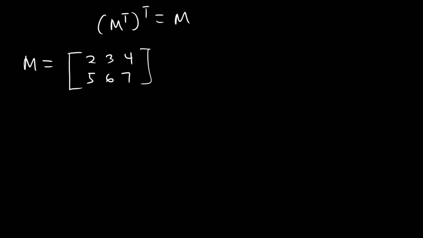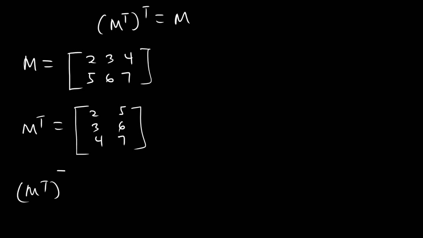Okay, so let's take the transpose of this matrix here. So the transpose of this matrix will be 2, 3, 4, and then 5, 6, 7. Now we are going to take the transpose of the transpose of matrix M. So that will be M transpose transpose.